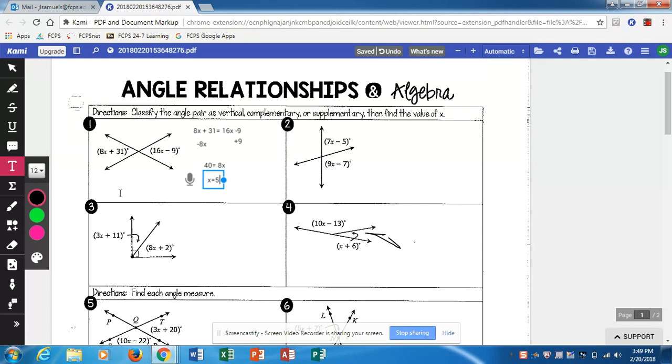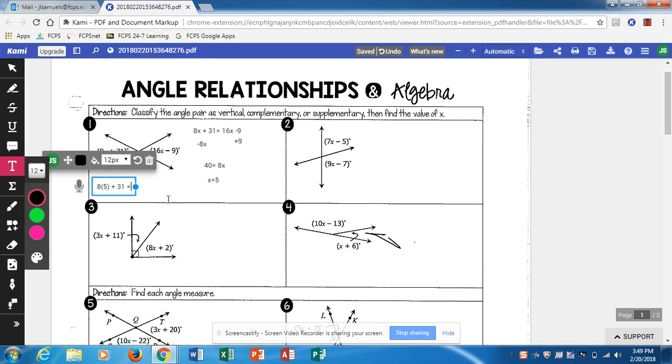If I plug in 5 for this angle, we would have 8 times 5 plus 31.